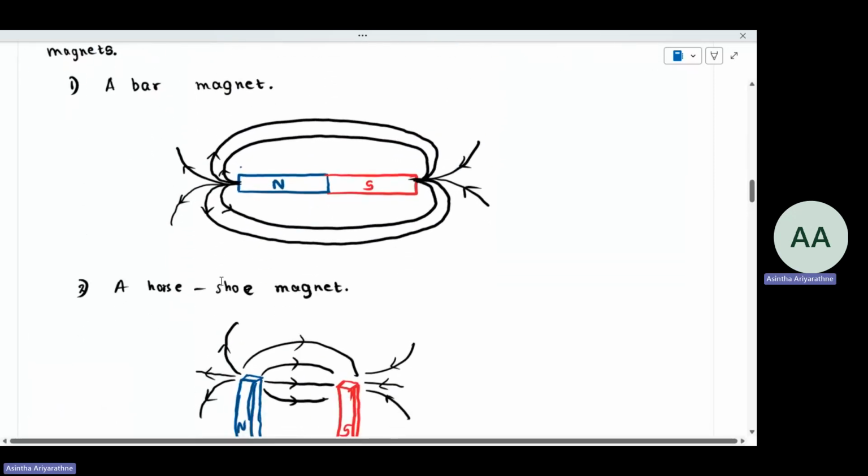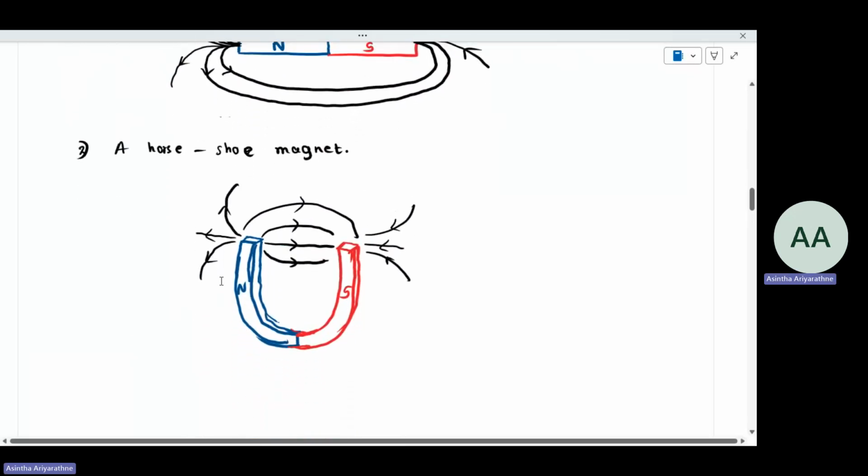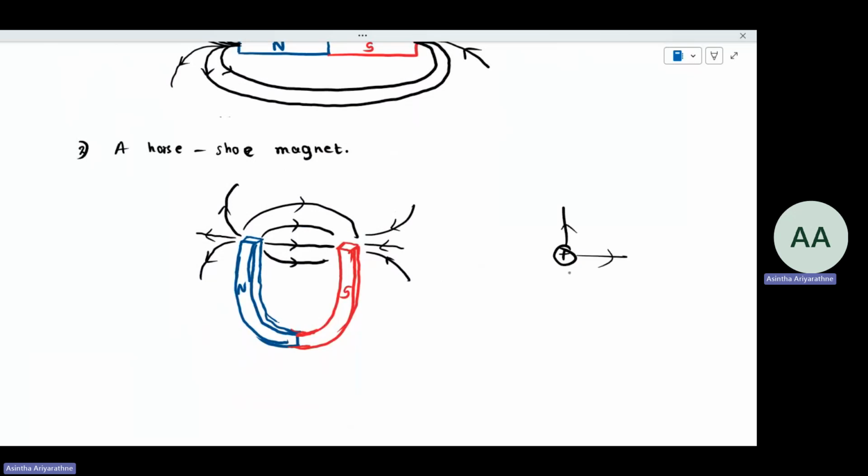And so from these two figures, you can see that, unlike the electric field, for a positive charge we can draw the electric field around it in this manner. But here, the specialty is that there cannot be just a north pole or just a south pole separately.